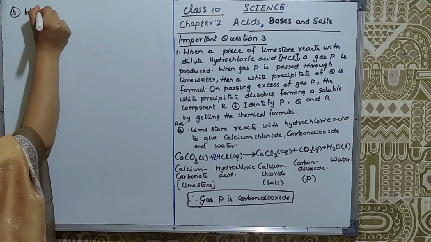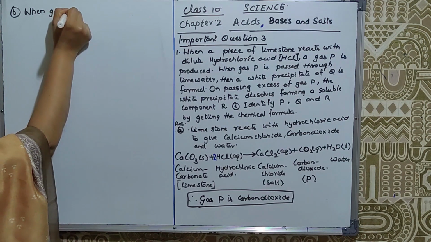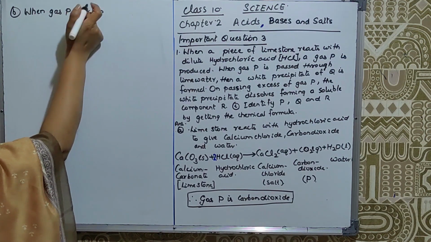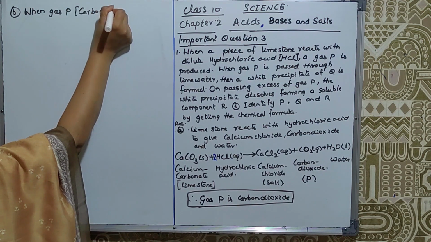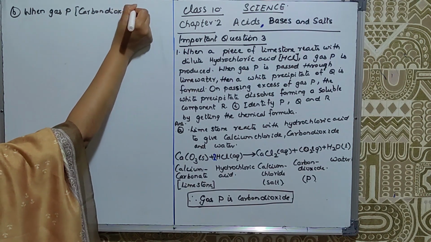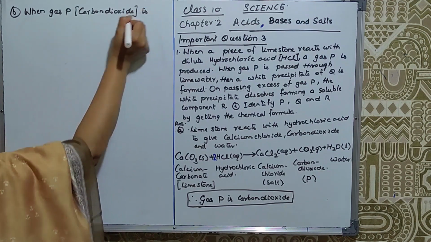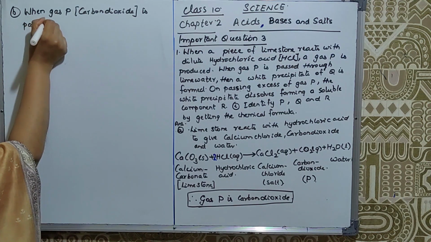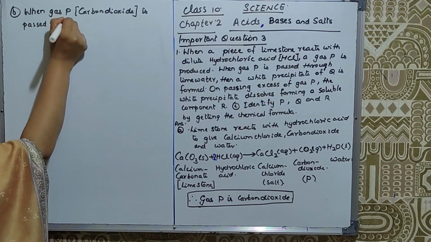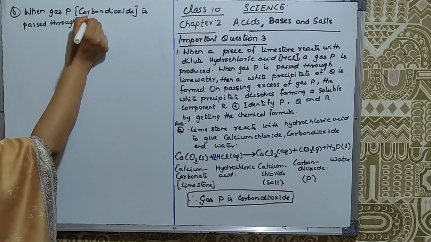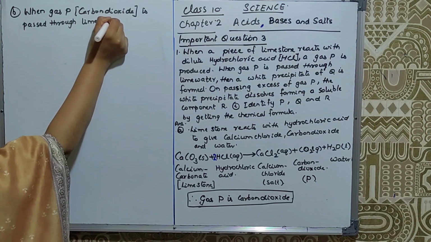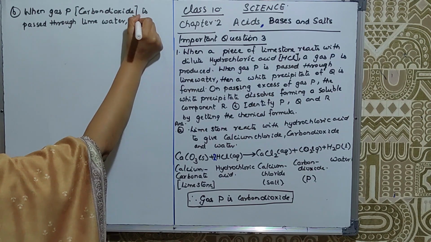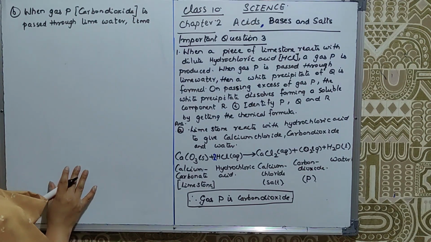When gas P, in bracket carbon dioxide, is passed through lime water, the lime water turns milky. Specify lime water itself.